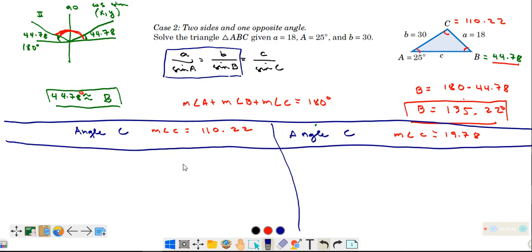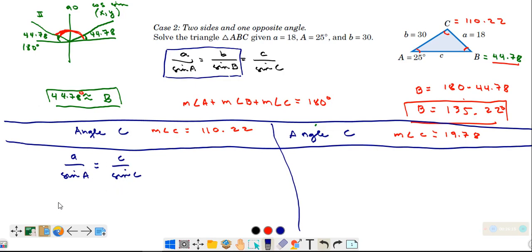Okay, ito yung gagamitin natin sa paghahanap ng side C. So, paano natin yung gagamitin? Ang dali na nito. So, originally, meron tayong A at saka sin A, di ba? So, gamitin natin yung idea ni A over sin A, which is equal to C over sin C. Tanong, kailangan ba nating i-reciprocal yung dalawang side?